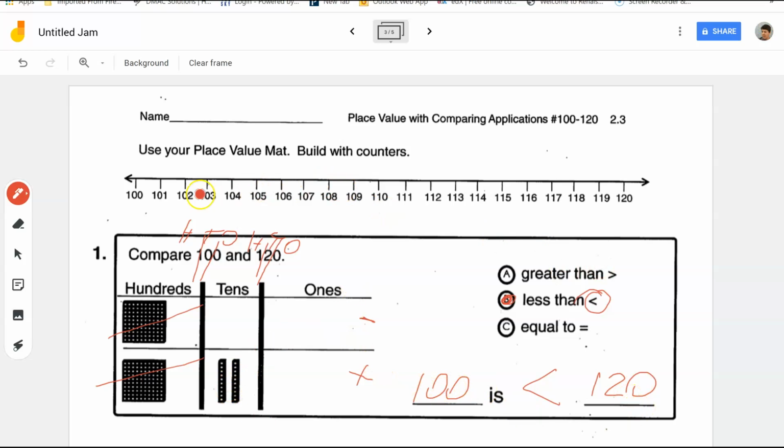Look, so I go to the number line. My first number is 100, and the next number is 120. So I know that 100 is less than 120 because it is first. Remember, to this side we increase, to this side we decrease.